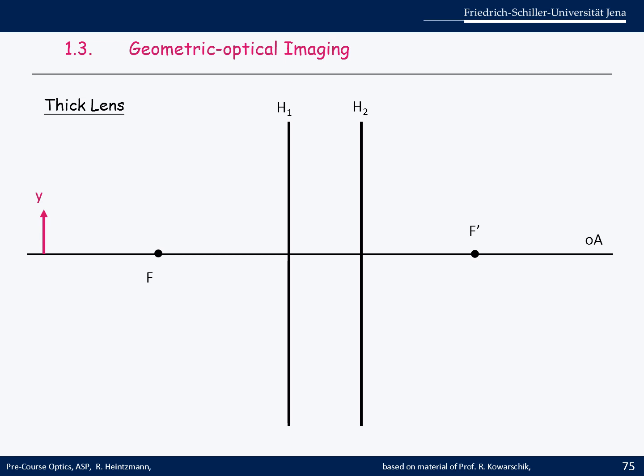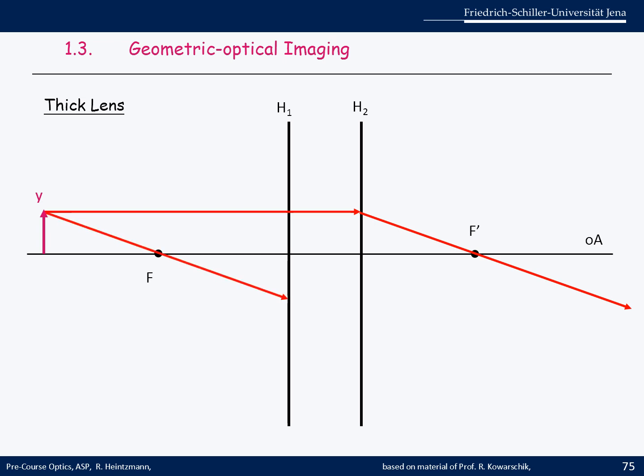If we want to work out where the image with a thick lens is formed, we take the parallel beam going to the second principal plane, we let it go through the focus here, as we've just learned, whereas the beam here that goes through the front focal plane goes to the first principal plane and then becomes parallel. So this is where our image is formed.